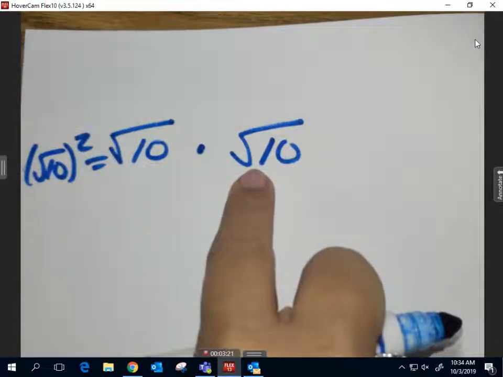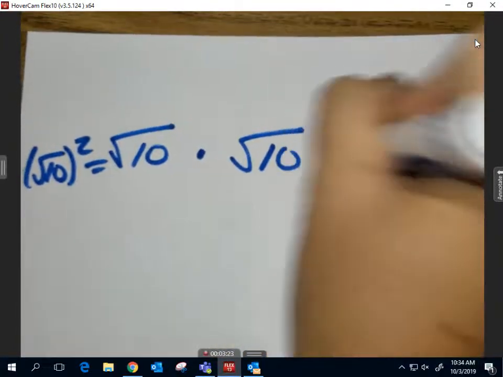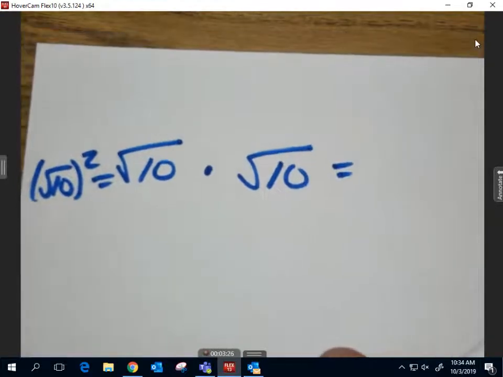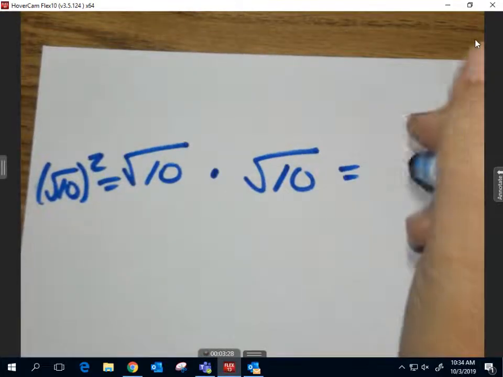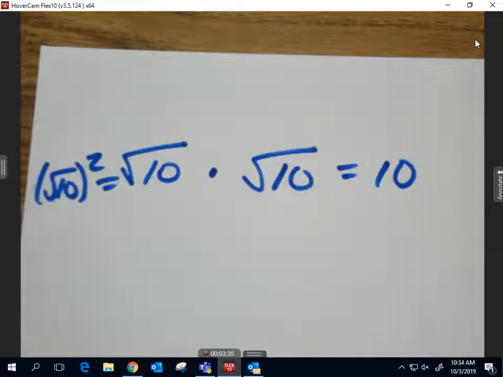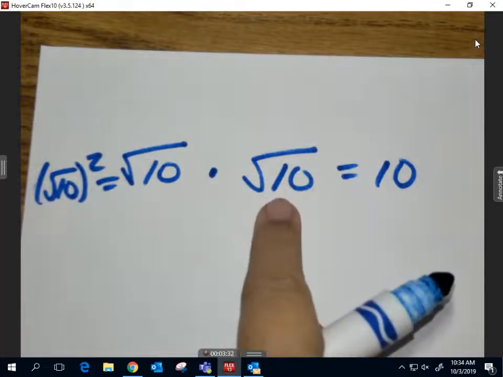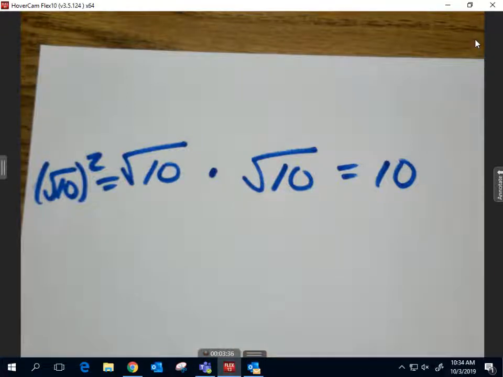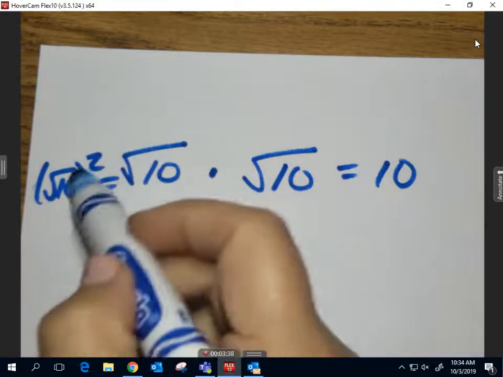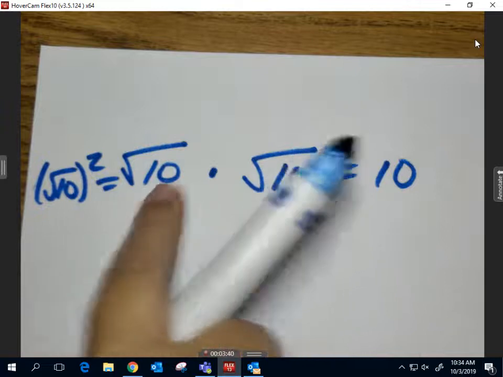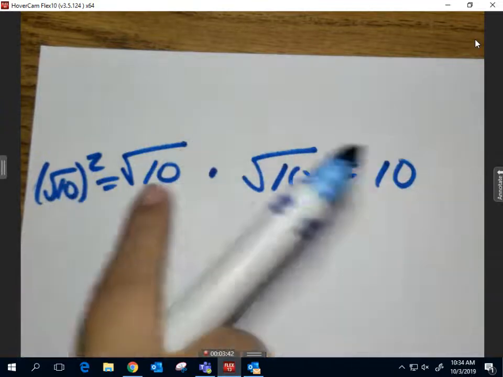Everybody understand that? So what would that equal? 5.6. Equals 10. Square root of 10 times the square root of 10. Oh yeah, the squared and the square root cancel each other, don't they? So these two cancel each other out.